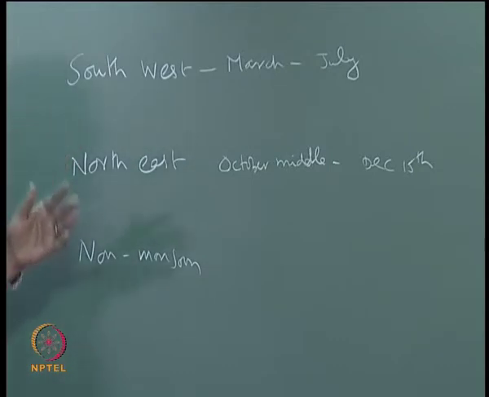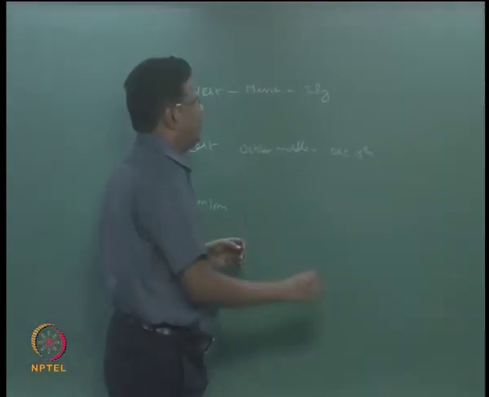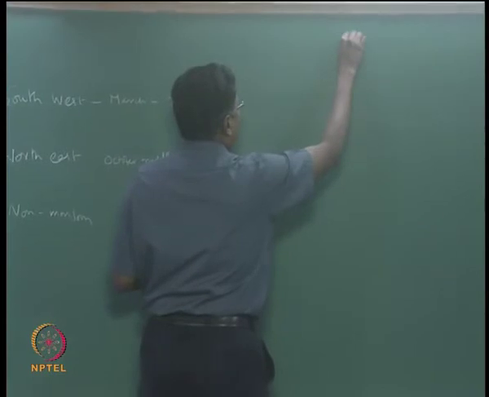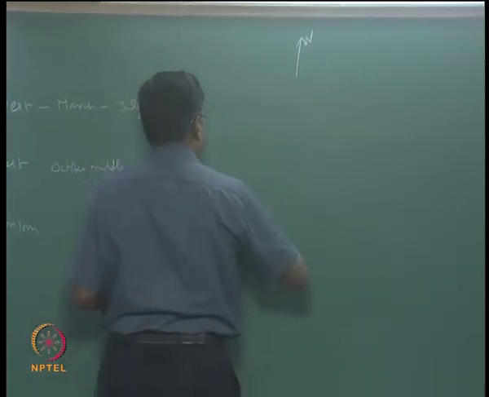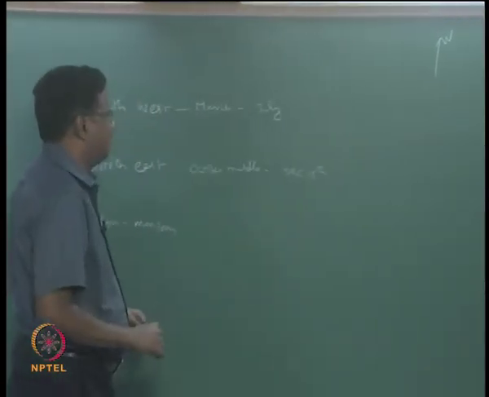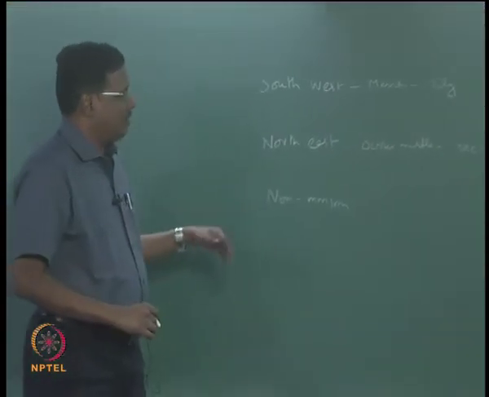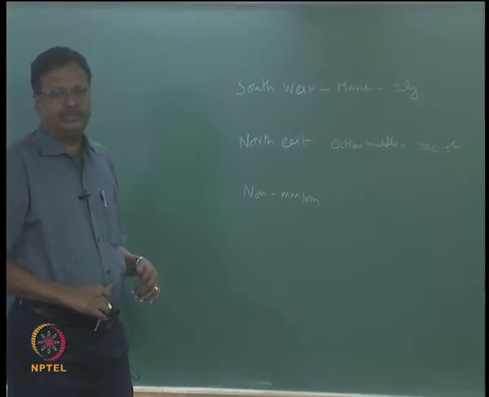The littoral current, suppose you take this as the north, the movement in the southwest monsoon is from the south to the north. In the northeast monsoon it is from north to the south.